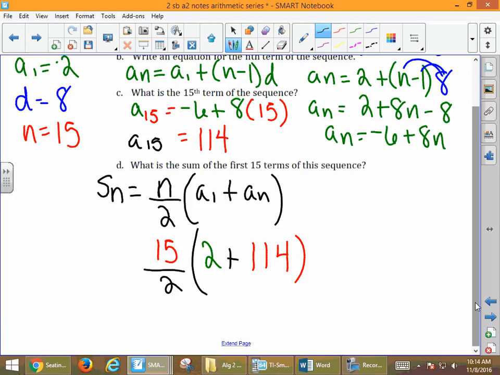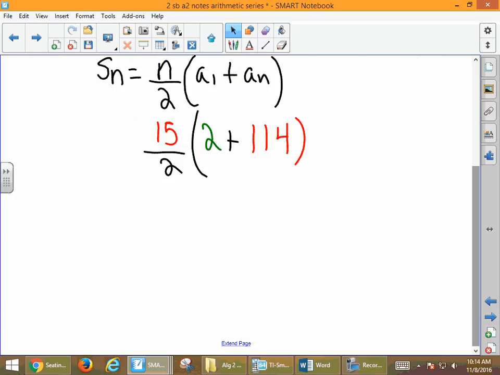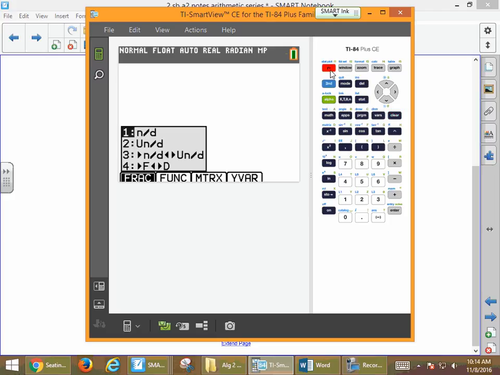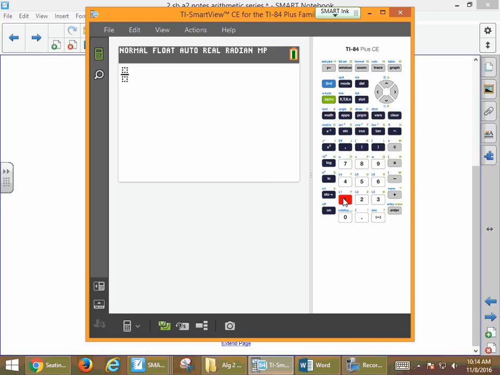And again, we can go back and type this in our calculator. So we've got 15 divided by 2 times 2, first term, plus our 15th term, and we get 870.